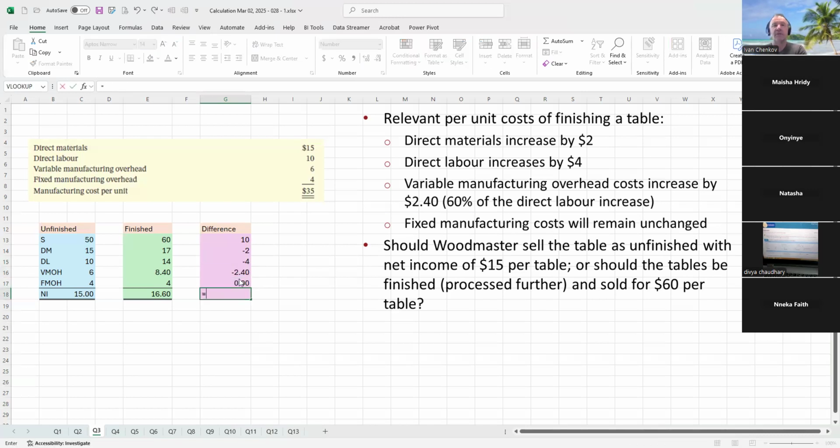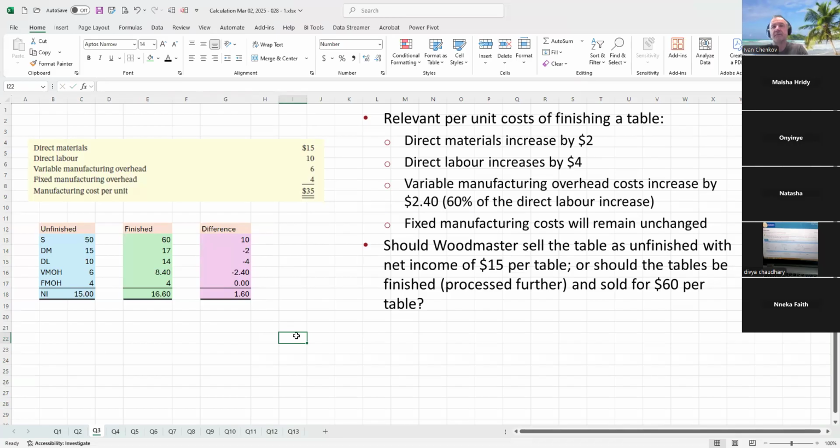Yeah. So how much per product? This one minus 2 minus 4 minus this minus this. That will be plus in this case. Sorry. Let's change the formula because we are minus here, so I can easily get the calculation. So how much am I going to get extra? $1.60.